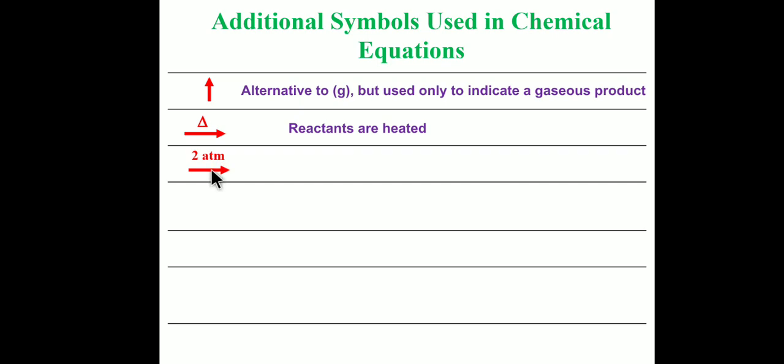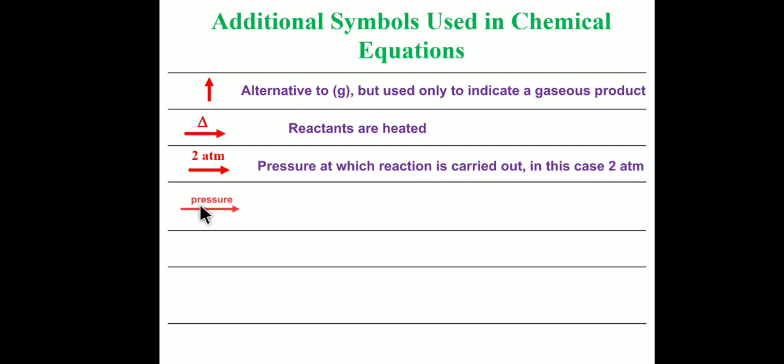For example, above the arrow mark we represent 2 atmospheres. That means the reaction generally takes place at 2 atmospheres pressure. Instead of 2 atmospheres, if the reaction takes place at 5, we can represent 5. If it takes place at 1 atmosphere pressure, we can represent 1 atmosphere.